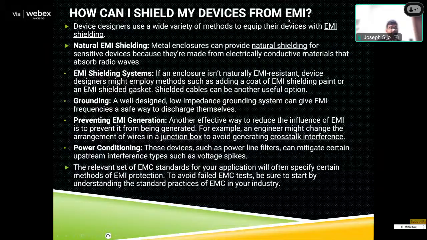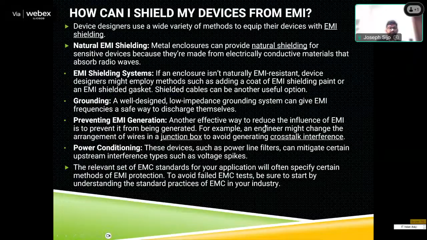How can I shield my devices from the EMI? We can check quickly. One is natural EMI shielding: we can make an electrically conductive material that absorbs the radio waves. For an EMI shielding system, the design must employ methods such as adding a coat of EMI shielding paint or gasket, shielding cable, and grounding. We have to design well, and a low impedance grounding system should be implemented in these devices, preventing EMI generation.